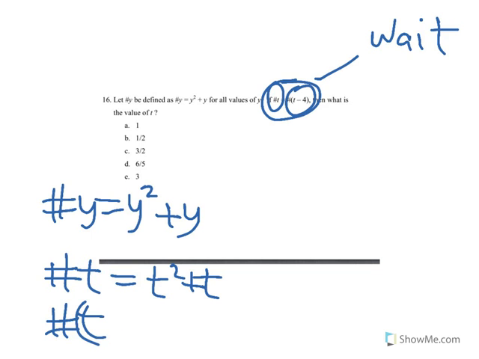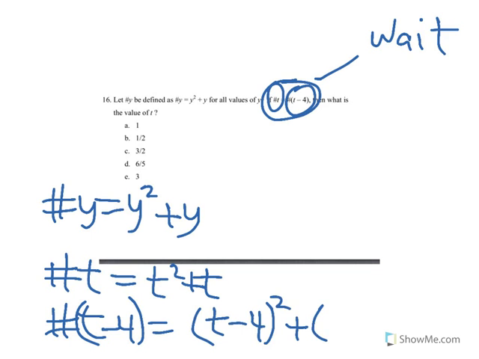This is a little trickier, but the same idea. Because pound y is y squared plus y, then pound of this thing is this thing squared plus this thing, putting t minus 4 wherever y used to be in that equation.